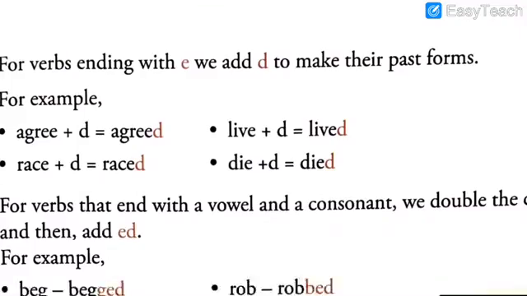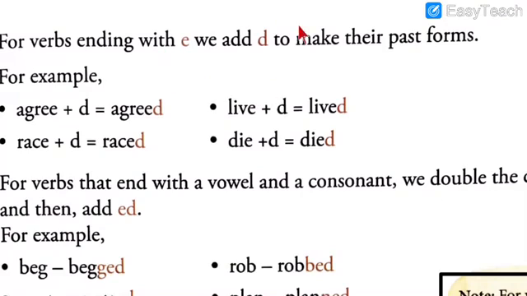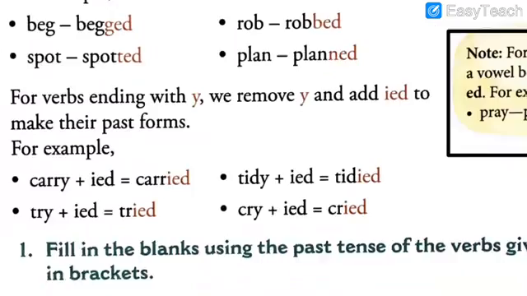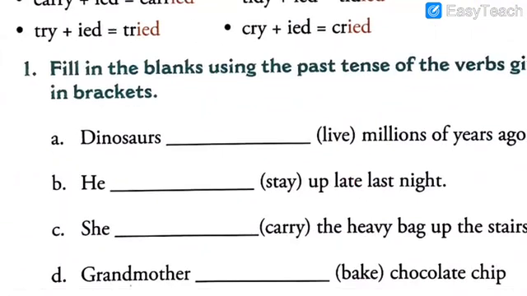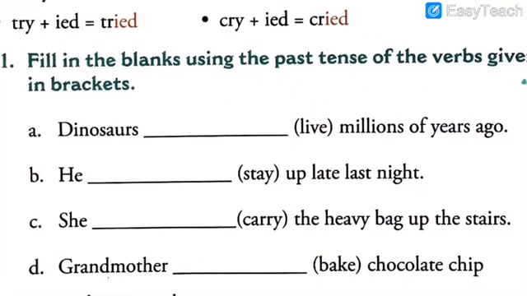If the verb is ending with E, we have to just add D. So live will become lived. I will write the answer here. L-I-V-E-D, lived. We have just added D because this verb was ending with E.